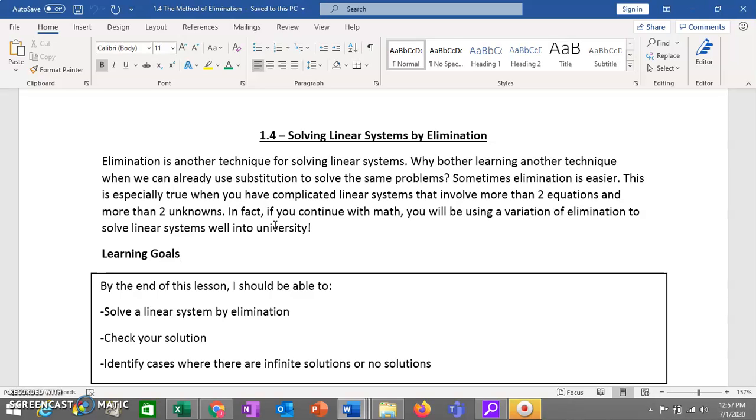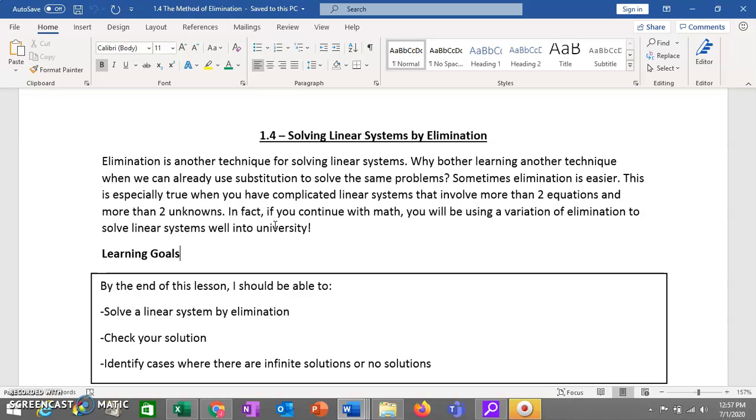Because you can solve all of the problems that I'm showing you today by graphing, and you can solve all of them by substitution. So why bother learning something else? Well, there are a bunch of reasons, but I can think of two major ones. Sometimes using this method is easier, but also this is a really important method if you move further ahead with math.